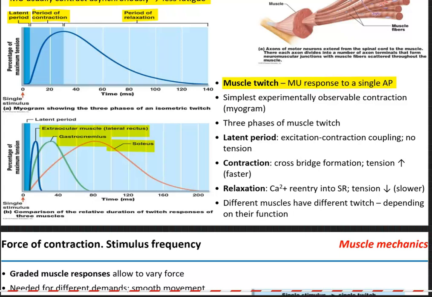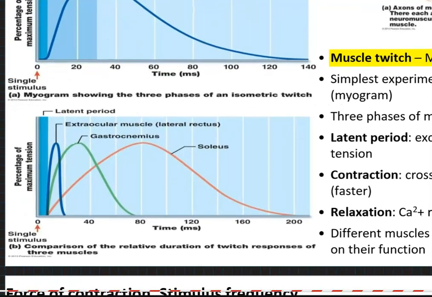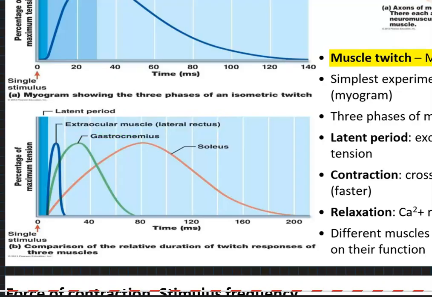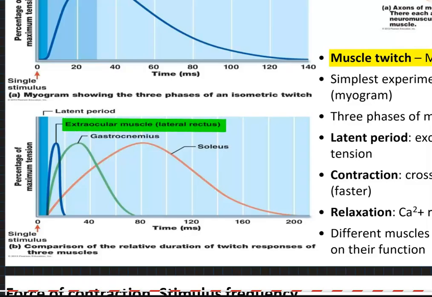You can see here in this image that extrinsic eye muscles, such as lateral rectus, have an extremely fast contraction. It's pretty logical that the muscle responsible for the eye movements contracts faster.